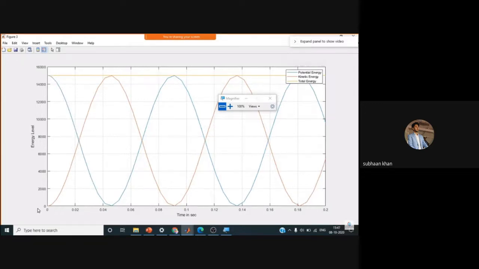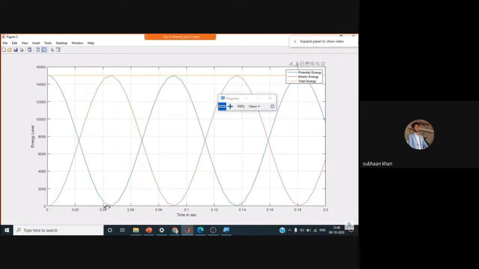At the same time, as this mass is taking speed smoothly, the kinetic energy goes on increasing. After a particular time, at the midpoint of your entire oscillation, you will have maximum kinetic energy, and your potential energy will be zero because at that moment your spring has zero displacement.